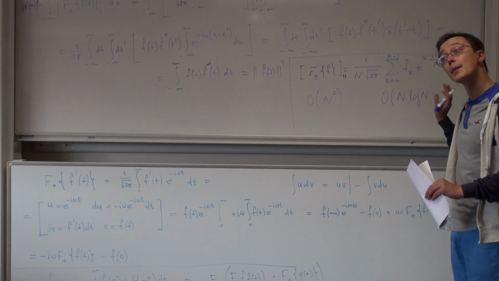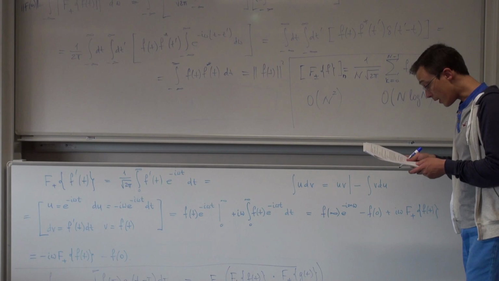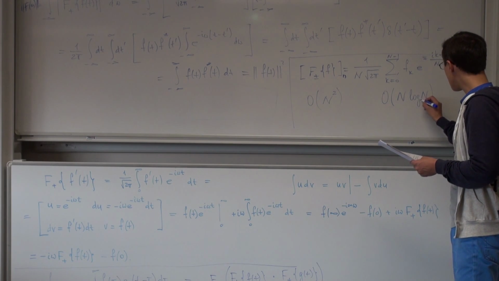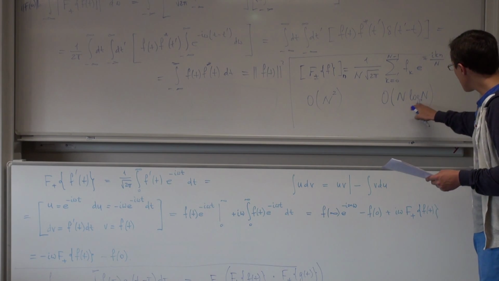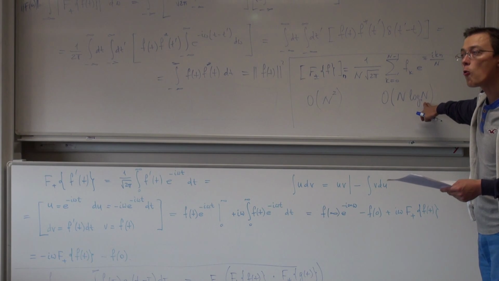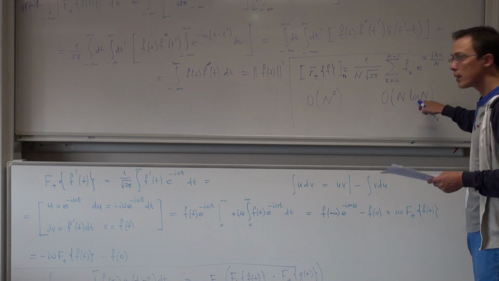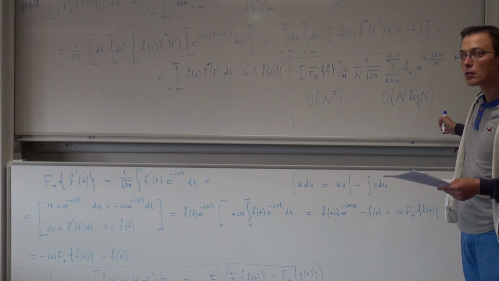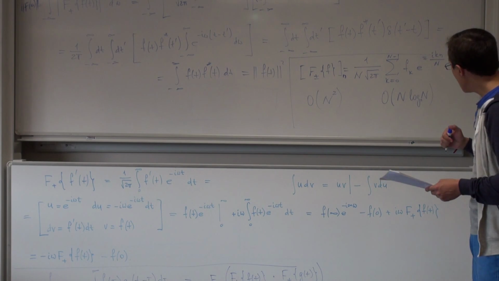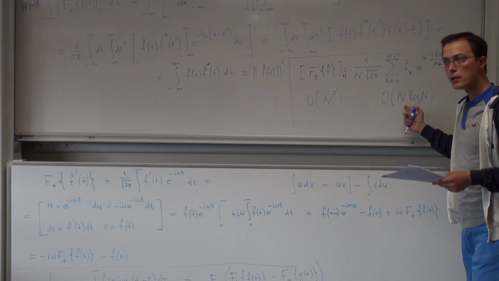I won't go into the depths of how that's computed, but it's a much, much faster process. Logarithm is a very small function, so essentially it's a constant for reasonable values of n, and so this is linear cost.